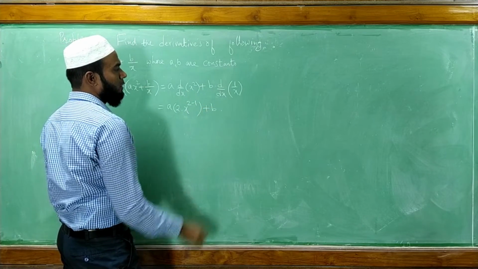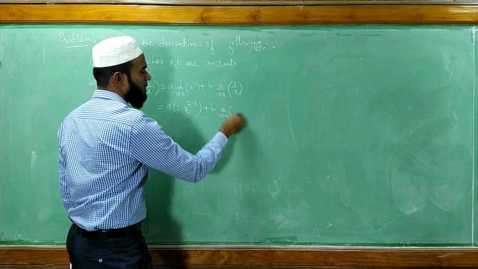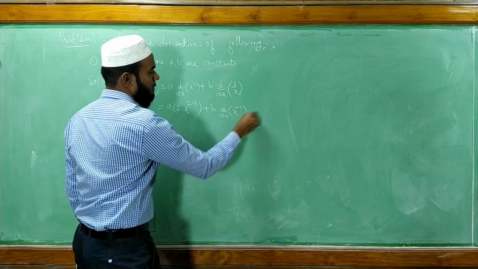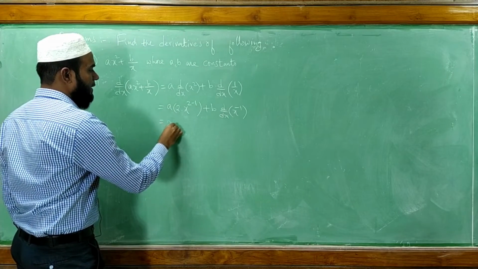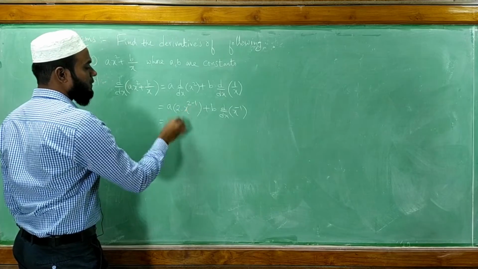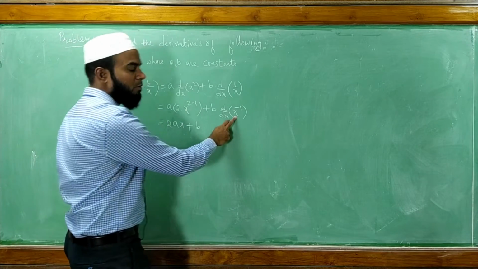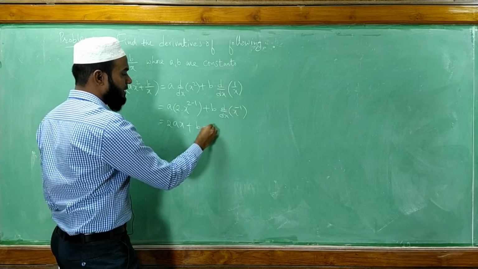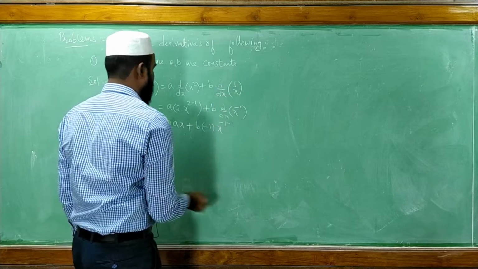Plus b into d by dx of 1 by x, which can be written as x power minus 1. What will happen here? 2a into x power 2 minus 1 is nothing but x, plus b into again the x power n formula, derivative of x power n is n into x power n minus 1, right?